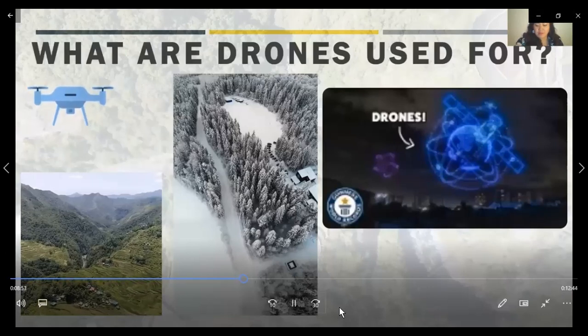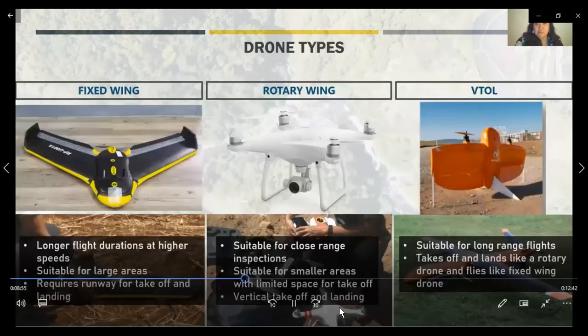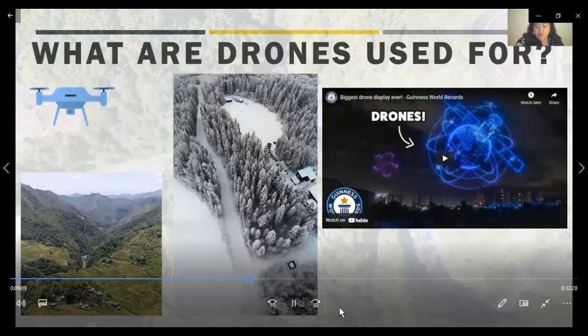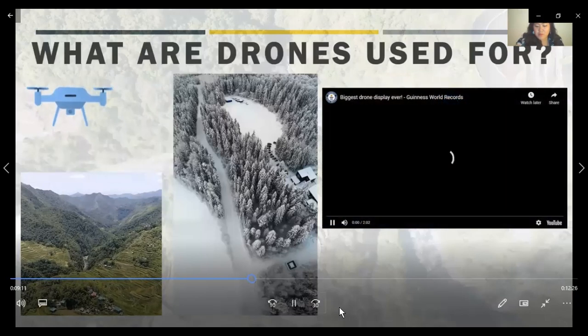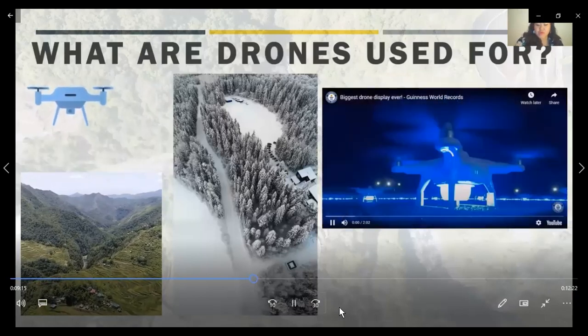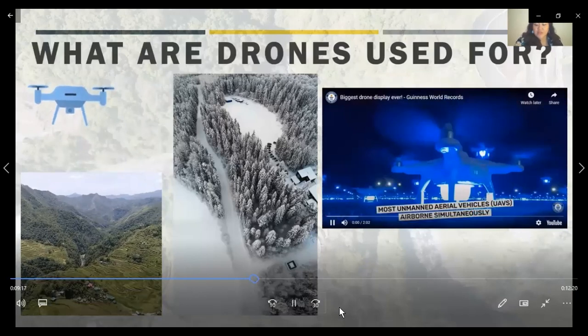Okay, adding here would be FPV drones or racer drones used for racing. It's a rotary type of drone. So what are drones used for? Drones are popularly used for taking photos and videos for commercial use, travel, and real estate.